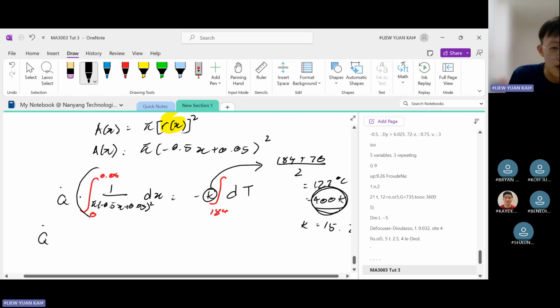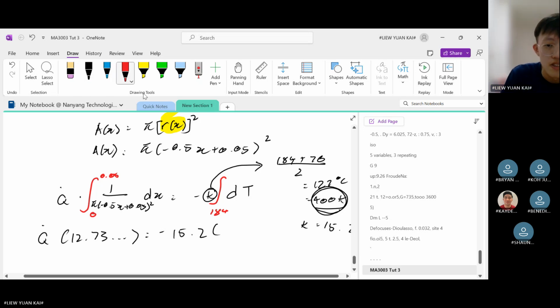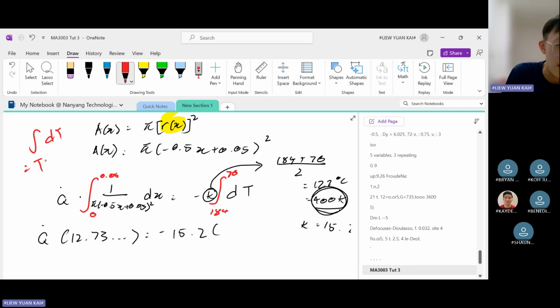Okay, I'm not going to integrate this for you. You can just put this in your calculator, and you should get 12.73 here. And then here, you substitute in all your values. So your values will be negative 15.2, the conductivity, and then this. Integration of temperature like this will just be T. And then you sub in your limits, which is 184 and 70.